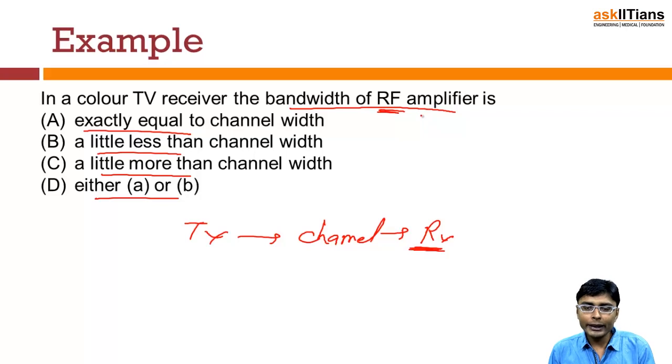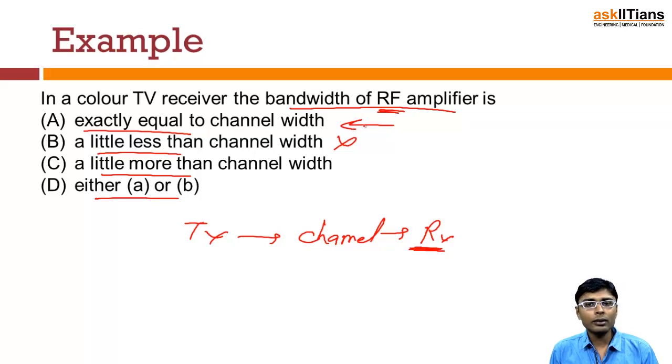First of all, it cannot be less than the channel width, because if we decrease the bandwidth, we will not be able to get all the information sent by the transmitter or the channel. Now, keeping it exactly equal would be fine if our system is ideal, with all the components and the channel ideal.